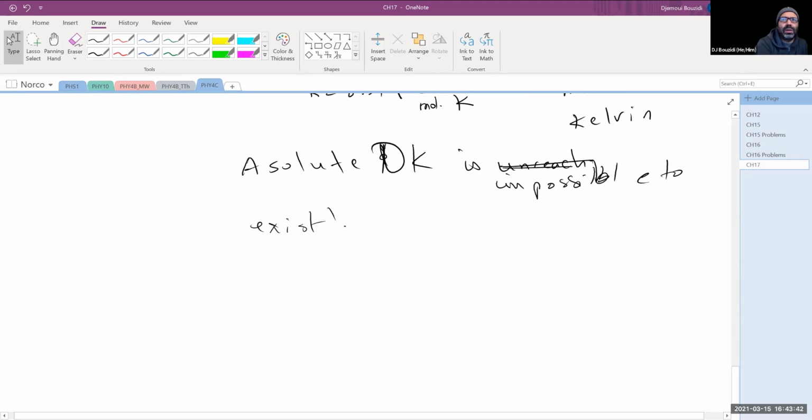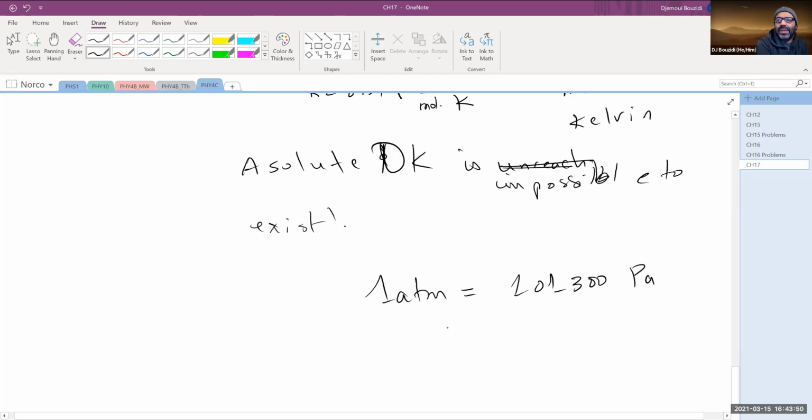So basically 1 ATM, 1 atmospheric pressure, is equal to 101,300 pascals. And then also the 1 liter, which is also used in that case, is going to be equal to 1,000 cubic centimeters, or equal to 1/1000 cubic meters.